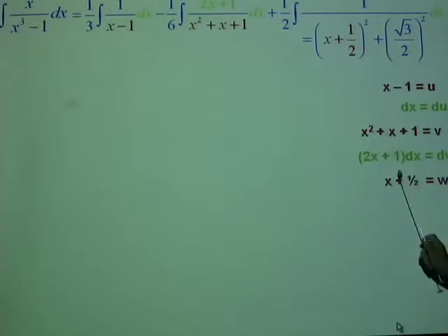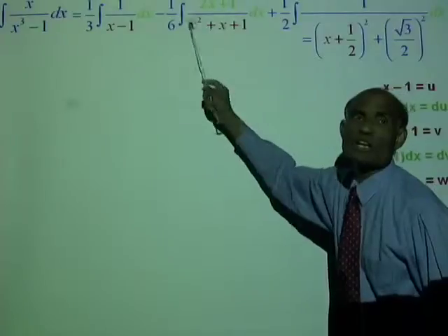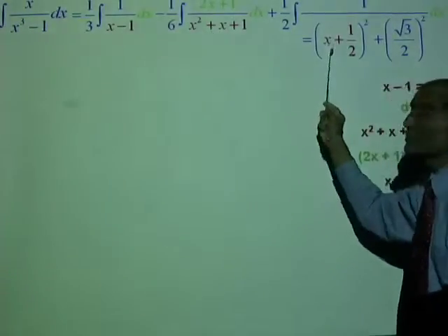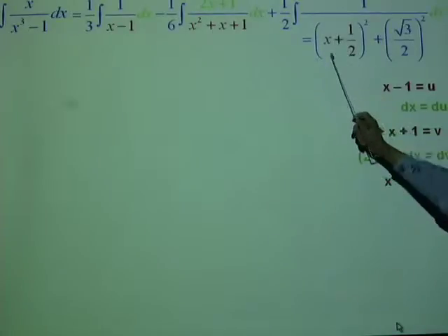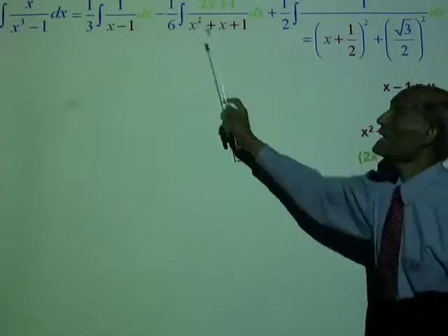And x plus 1/2 equals w. So instead of calling them all u, as I said earlier, let's call this u, this v, and this w. So this x plus 1/2 becomes w, and we get dx equal to dw. All right, take all these substitutions in here.